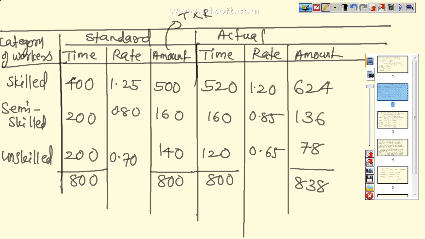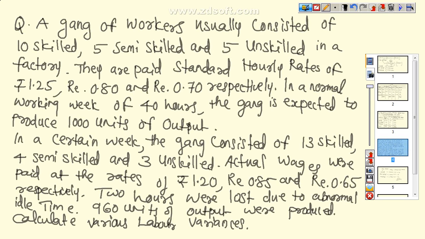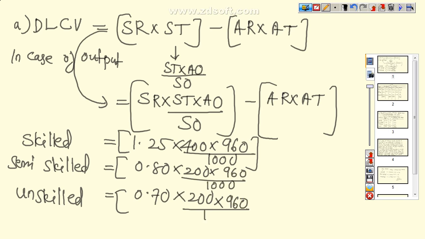Standard time also we have calculated: 400, 200 and 200. So here we write 400, 200, 200 multiplied by actual output. We know the actual output is 960, and 1000 is our standard output. So here we have to write 960 upon 1000, here also 960 upon 1000, and here also 960 upon 1000.